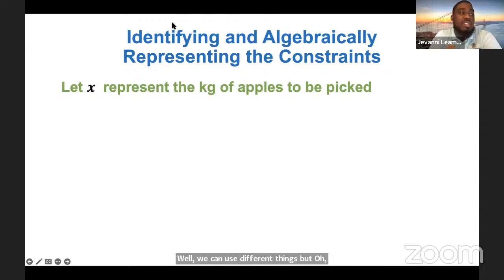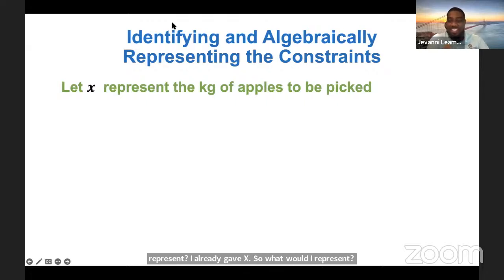So x represents the number of kilograms of apples to be picked. So what would y represent? Can anybody give me what y would represent? All right, pears.